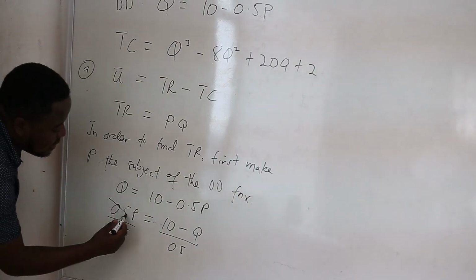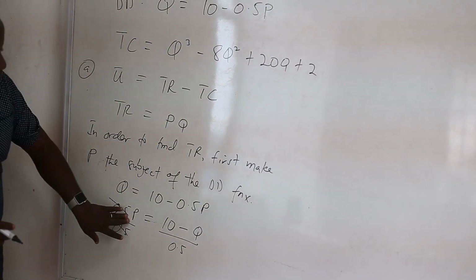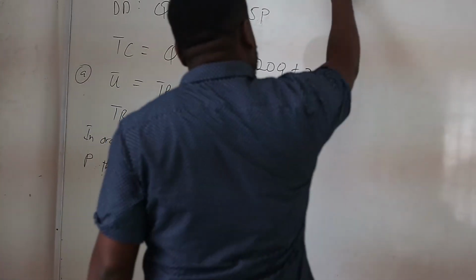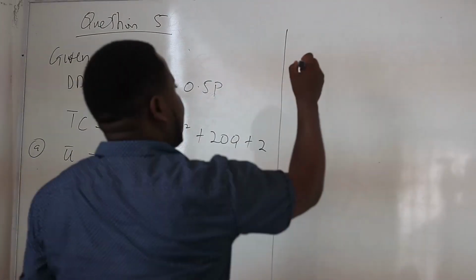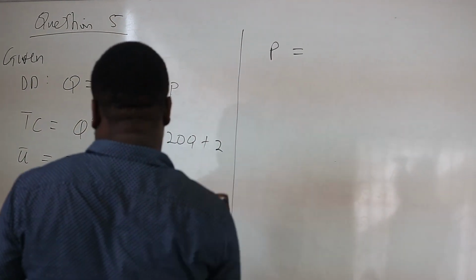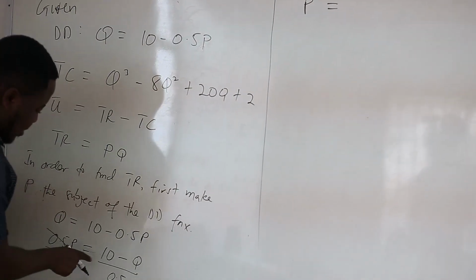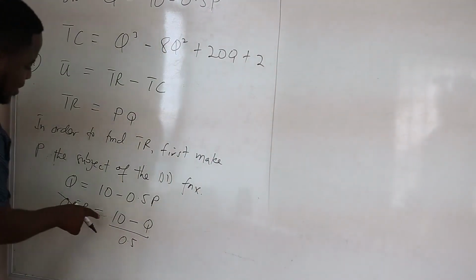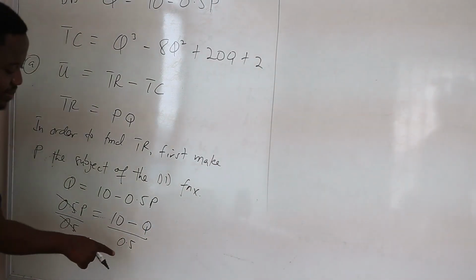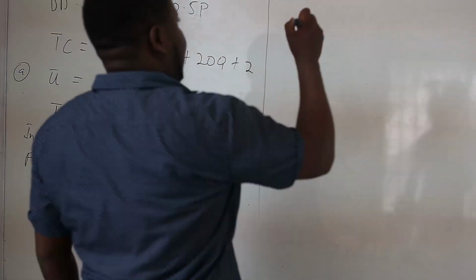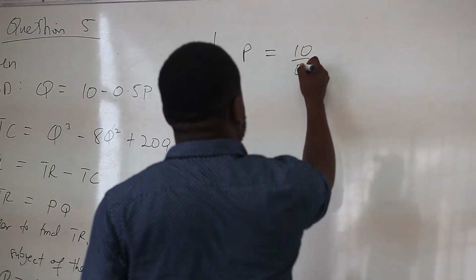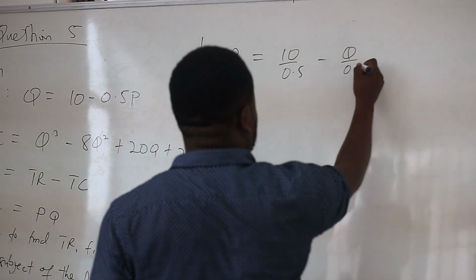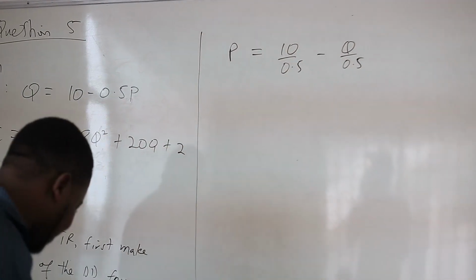So this 0.5 cancels this 0.5. So you have P, then divide this side by 0.5. So this will be P is equal to 10 divided by 0.5, then we have Q divided by 0.5. So this is 10 divided by 0.5 minus Q divided by 0.5.